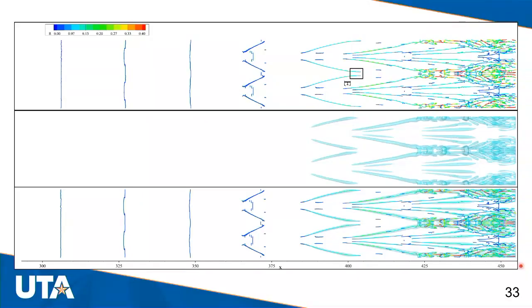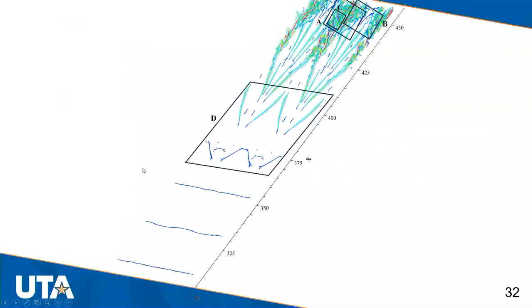And then, are the initial lines at 325 accurate?